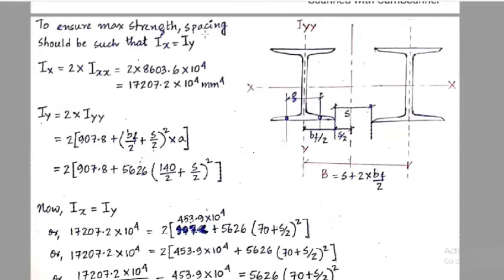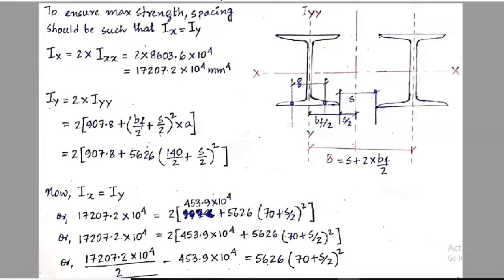If we equate the total moment of inertia of the built-up column about the x-x axis and the y-y axis, then only will we be able to ensure maximum strength, with respect to which we can calculate the clear spacing S between these two sections.